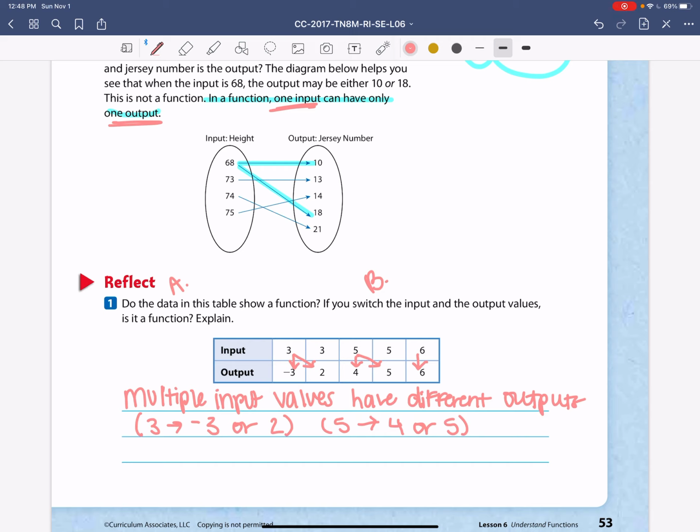Okay, this is our A, this is our B. If you switch the input and output values, is it a function? Then if I have my inputs at -3, 2, 4, 5, and 6, I have my outputs 3, 3, 5, 5, and 6. So then -3 gives you exactly 3. 2 gives you 3. 4 gives you 5. 5 gives you 5, and 6 gives you 6. None of your inputs would repeat, so this would be a function.